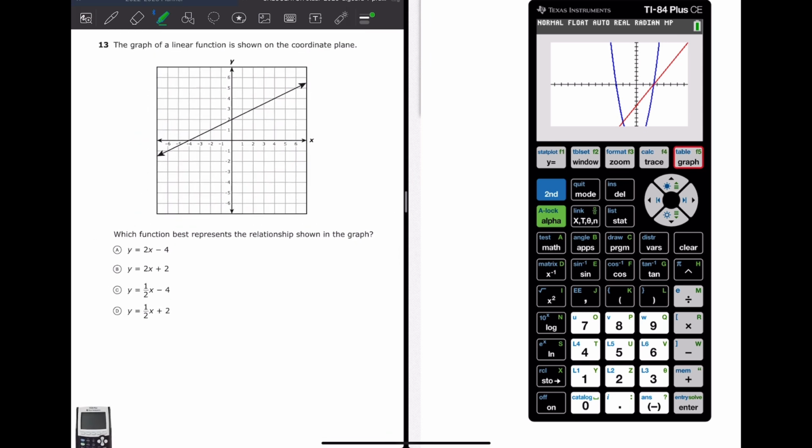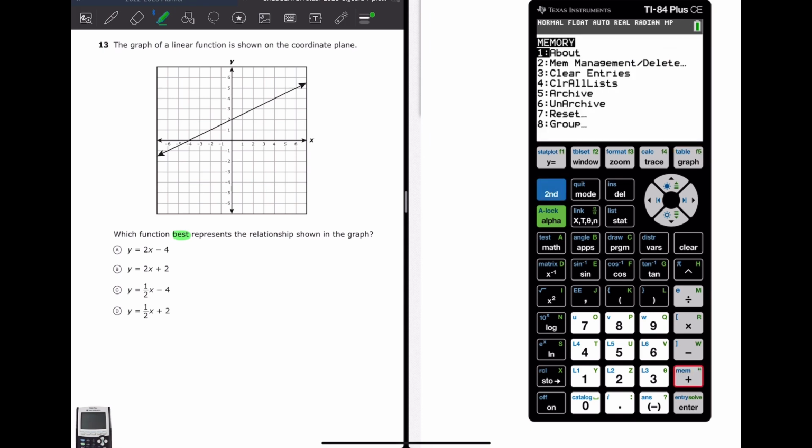Go ahead and go to Y equals. You're gonna check the graphs and see which ones you can eliminate. Nope.